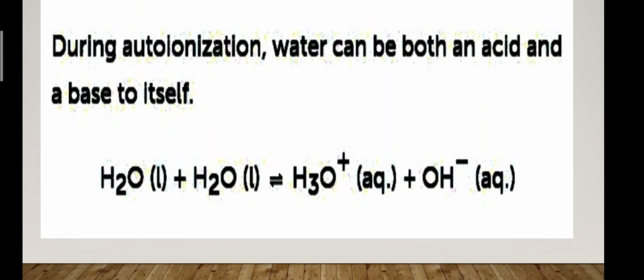During autoionization, water can be both an acid and a base to itself.